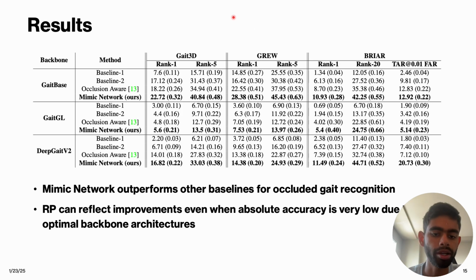And so finally, here are the results. The exact numbers are not important in this huge table, but the Mimic network outperforms the baselines for occluded gait recognition, and we can see this for multiple data sets as well as multiple backbones.